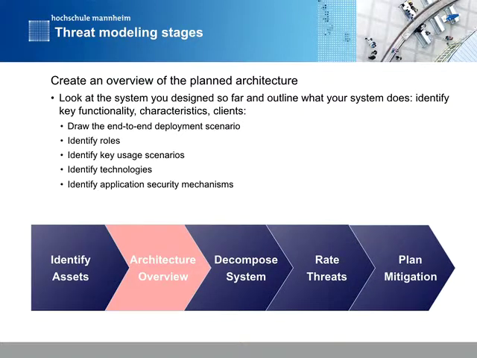The second stage then of threat modeling is to create an overview of the architecture. An overview of the architecture is more or less a component view. So if you have been working with these different architectural view concepts for describing software, then use a component view, and you add then additional trust boundaries, for example, additional information.